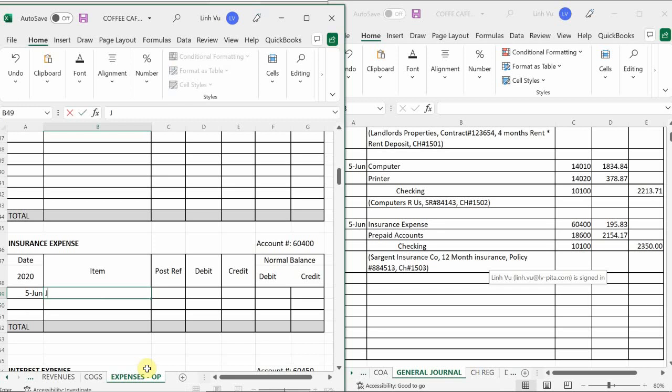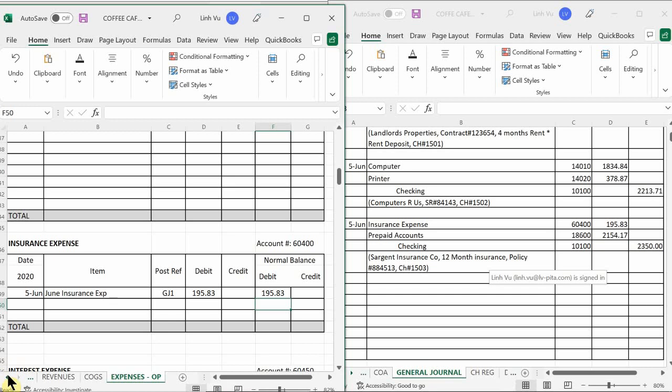June insurance expense. Post reference, right? What page of the journal are we on? First page. And we are going to debit for $195.83.